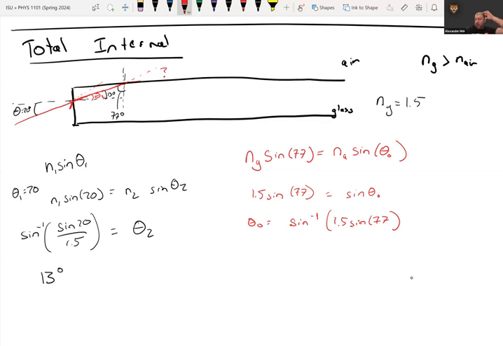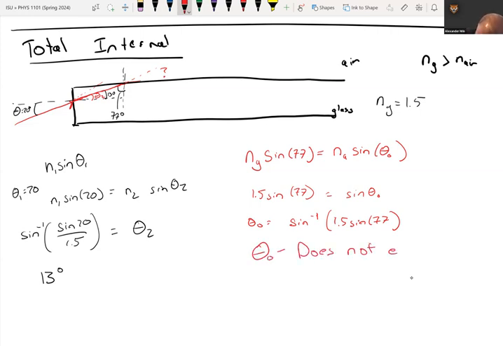You multiply that by 1.5, and you're going to get something greater than 1. You can't take an inverse sine of something greater than 1, because sine only ever gives you something between -1 and 1. If you try, it's going to give you an error. So theta O does not exist.